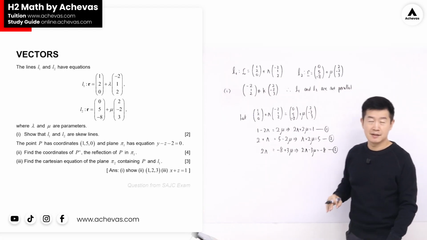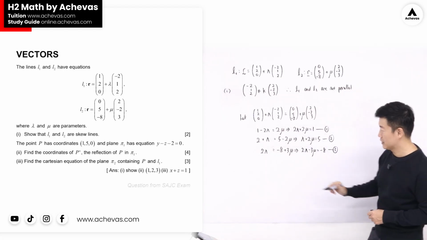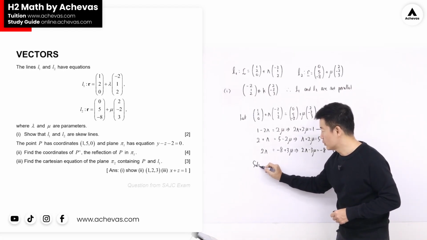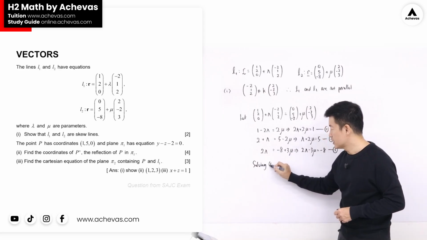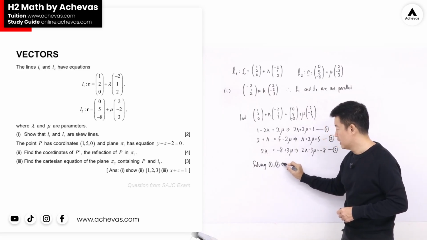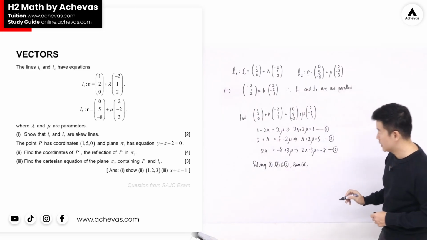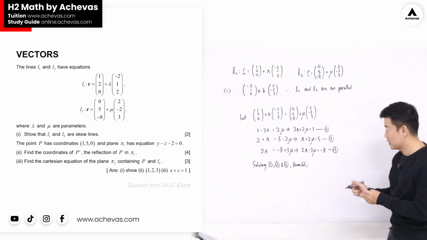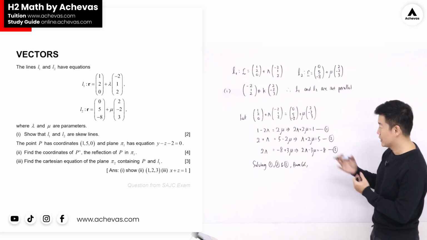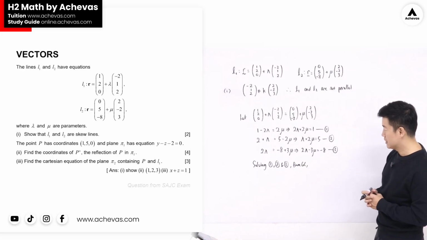Solving them simultaneously, we can just use our graphing calculator. If I solve equation number 1, equation number 2, and equation number 3 from our graphing calculator, there will be no solution to these three equations being solved simultaneously.